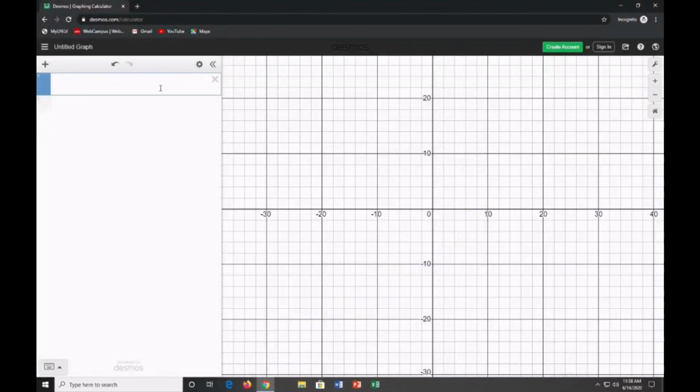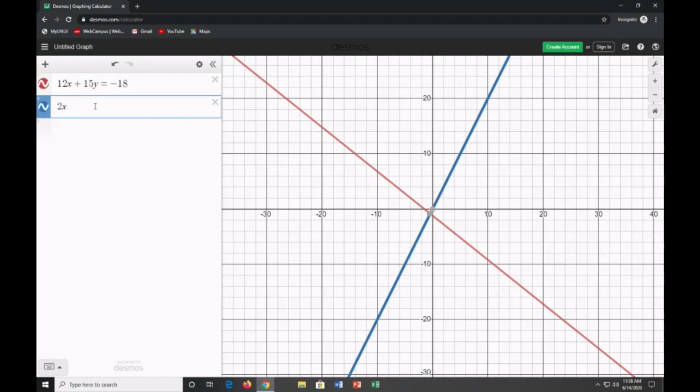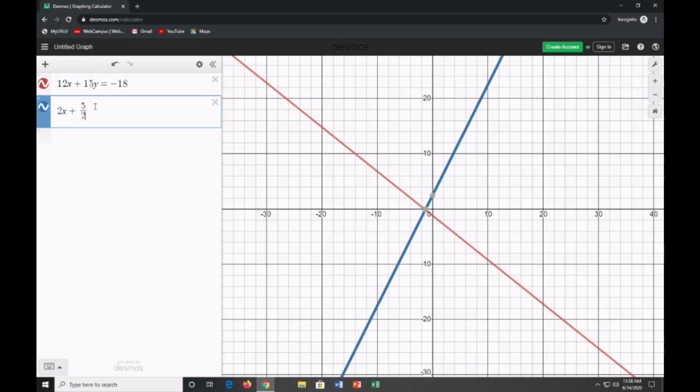So one of those lines was 12x plus 15y equals minus 18. And the other one was 2x plus 5/2 y equals minus 3. Look at it.